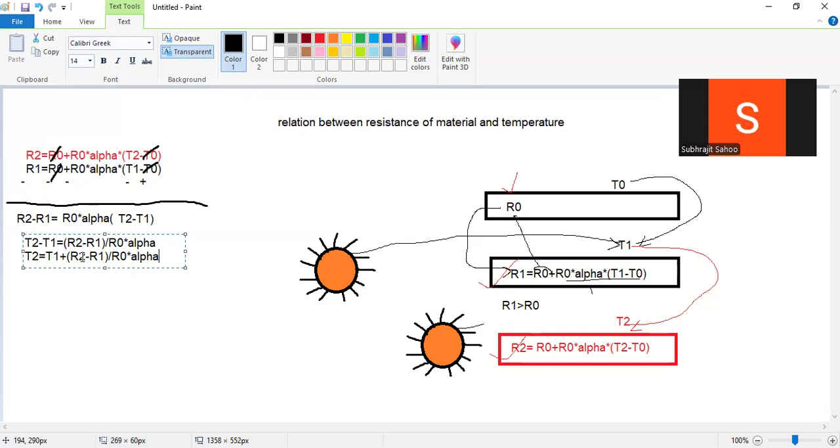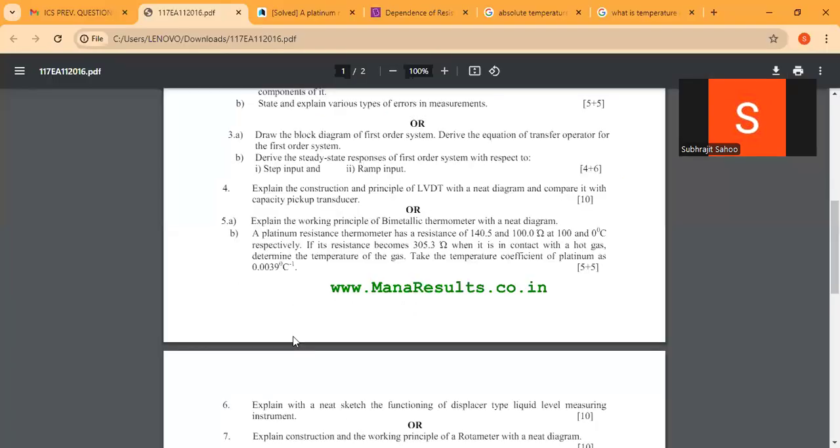Why this derivation? Observe, I will solve one question here. Read this question. A platinum resistance thermometer has resistance 140 and 100 ohm at 100 and 0 degree.